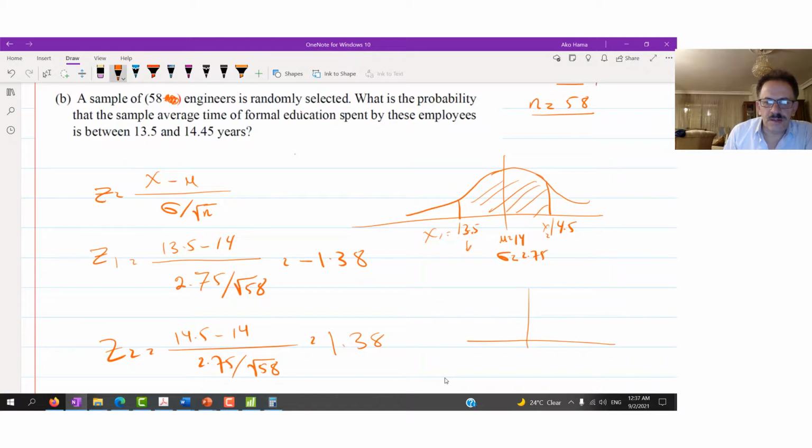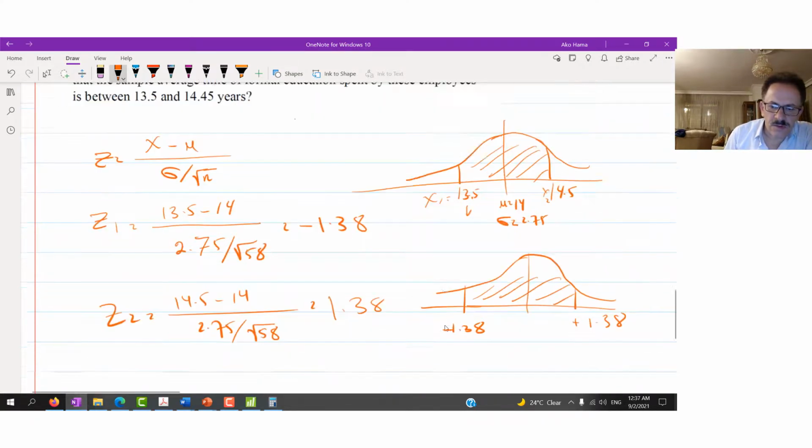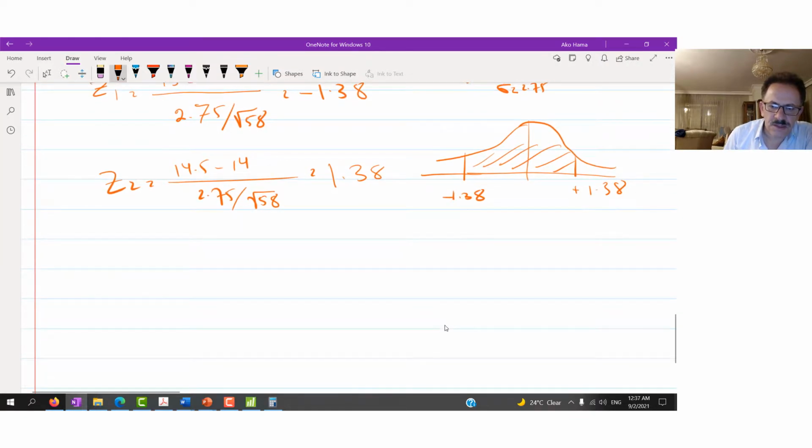So the question is, when I convert it to z, this is the z, which is minus 1.38 to positive 1.38, and this area is the required area. And how do we find this?